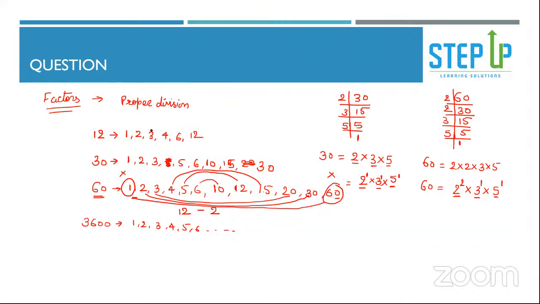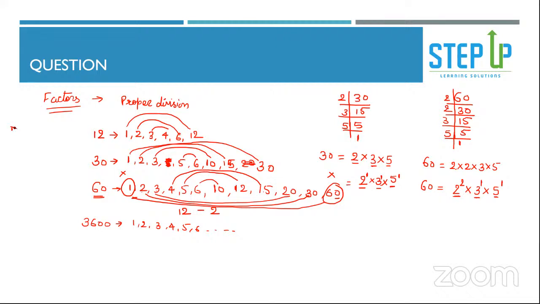So if you look for 12 also, 3 into 4 is 12, 2 into 6 is 12, 12 into 1 is 12. For 30, 6 into 5 is 30, 3 into 10 is 30, 2 into 15 is 30, and 1 into 30 is 30.